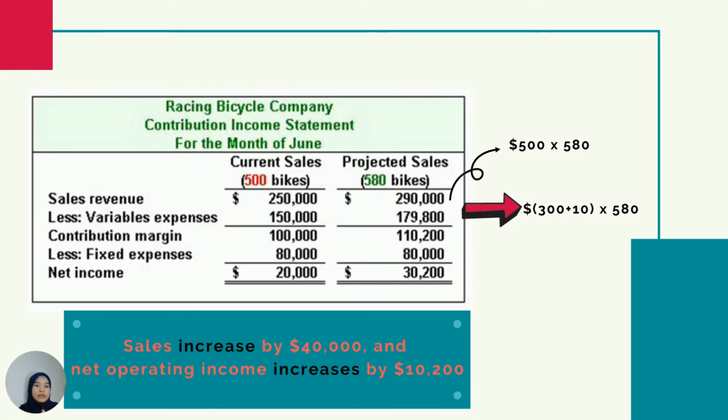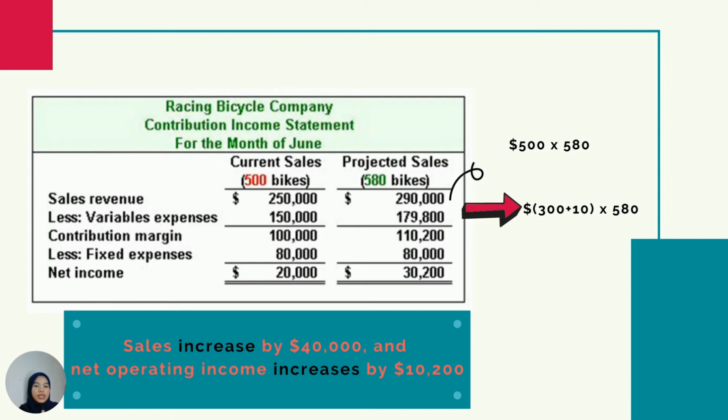So at the income statement, the new sale revenue is 518 multiplied by 580, we get $219,000. For the variable expense, the new variable expense, we need to add 10, so 310 multiplied by 580, we get 179,800. The new contribution margin is 10,200.